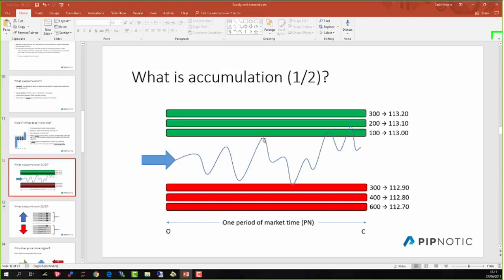If price comes up and we have 50 buy orders that are filled when price comes up here, then the 100 is going to be reduced to 50. Next time price comes up to it and we have another 50, well, that completely removes all of the liquidity of this area. What does this mean?